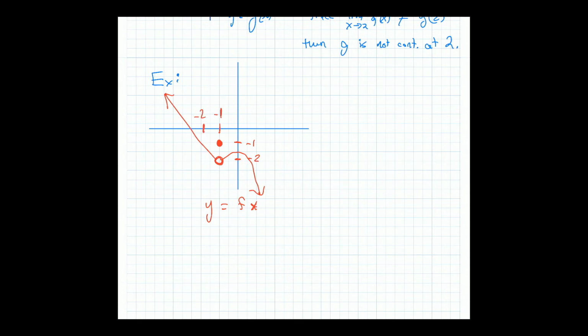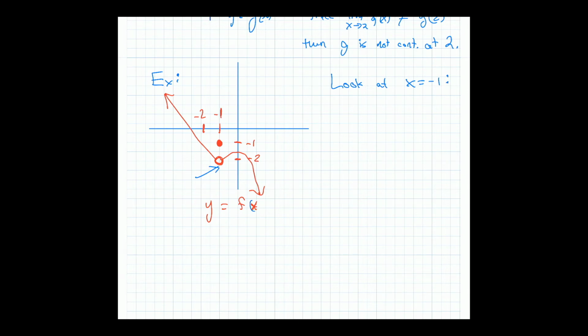All right, and so what does the question say? It says, select the statements that are true. Basically, the only point that's interesting here is x equals -1. So let's look at x equals -1 and see what we can say about it.